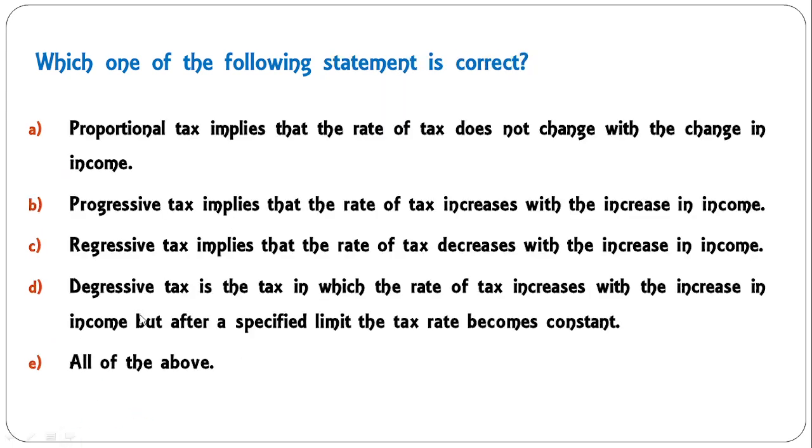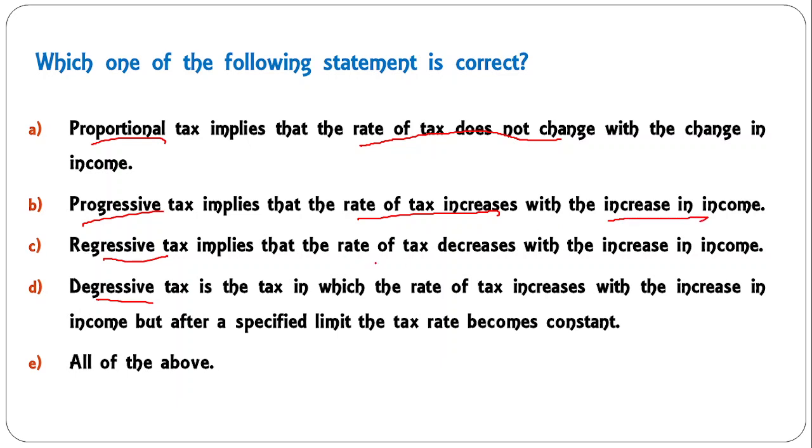Moving to the next, which one of the following statements is correct? Here, dear students, these are types of taxes based on the tax rate: proportional tax, progressive tax, regressive tax, degressive tax. Proportional tax implies the rate of tax does not change with the change in income. Progressive tax implies the rate of tax increases as income increases.